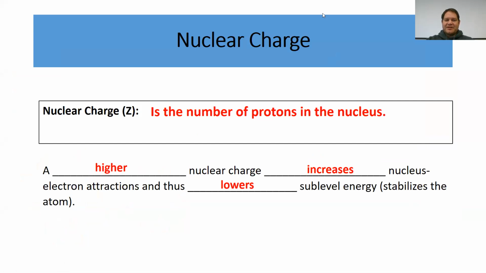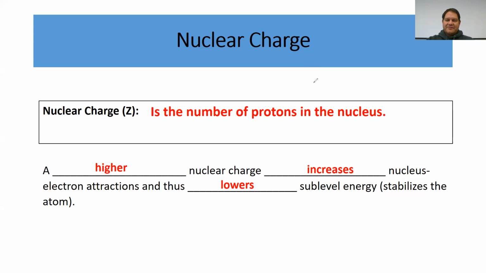The atomic number is also the number of protons in the nucleus. But the nuclear charge has a little bit more meaning that's related to Coulomb's law and the attractive nature between the nucleus, the protons in the nucleus, and the valence electrons in the outermost shell of an atom.